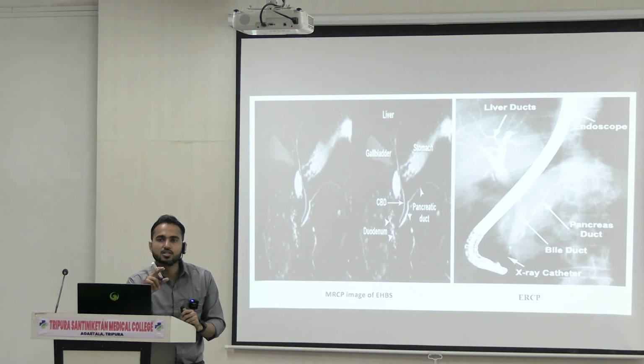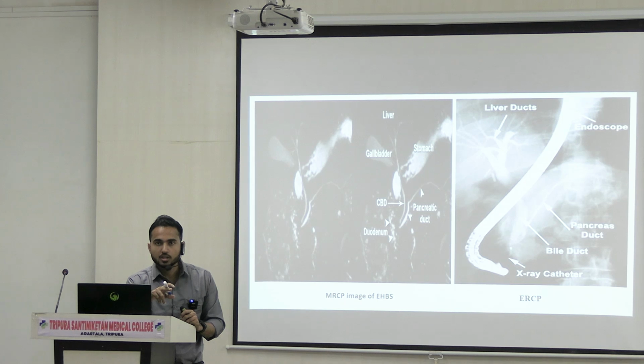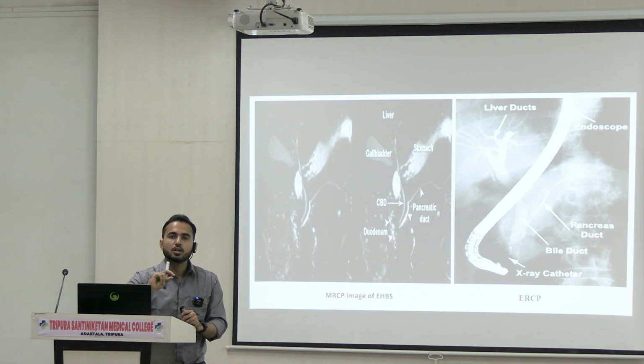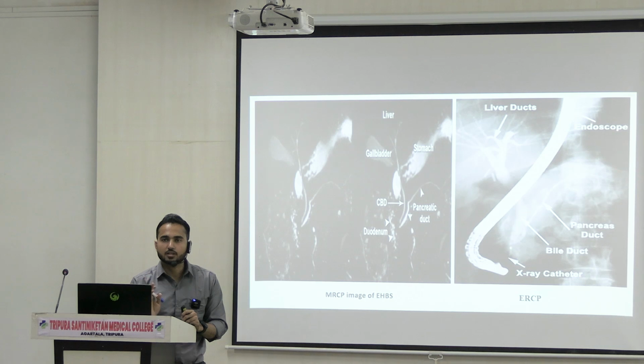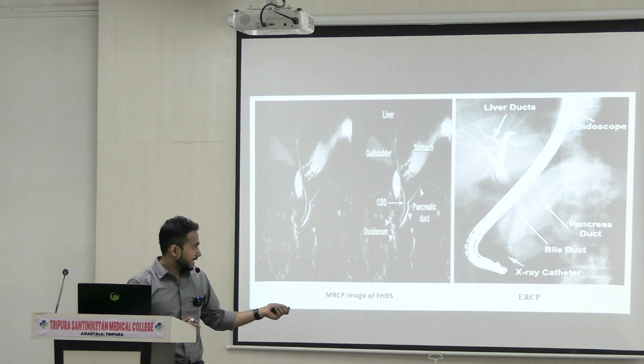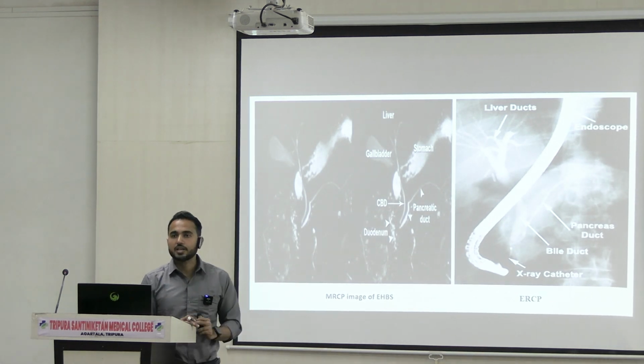It will be advanced up to the second part of the duodenum under fluoroscopy guidance. Then the contrast media is injected at the major duodenal papilla, through which the contrast media will flow in the opposite direction, in a retrograde manner. That's why it is called ERCP, endoscopic retrograde cholangiopancreatography.